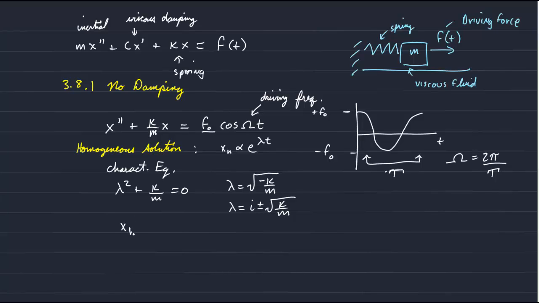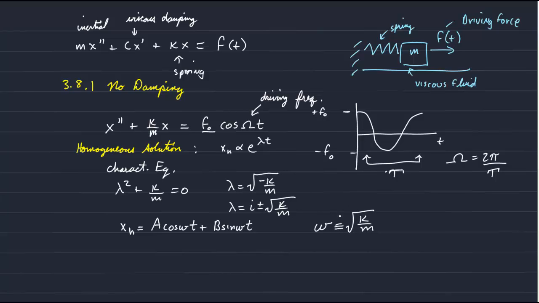So we can write that oscillatory behavior as a sum of a cosine function plus a sine function, where the frequency of our oscillation, omega, is equal to the square root of k over m.